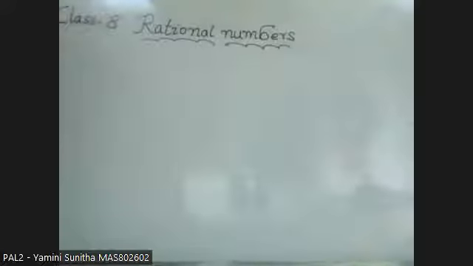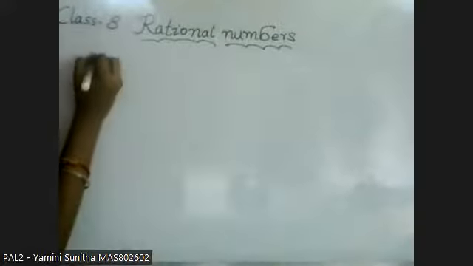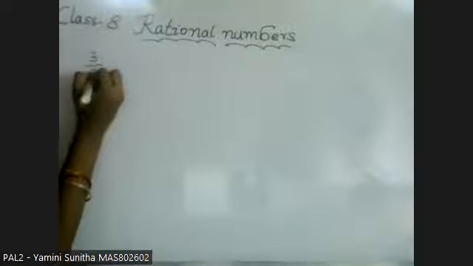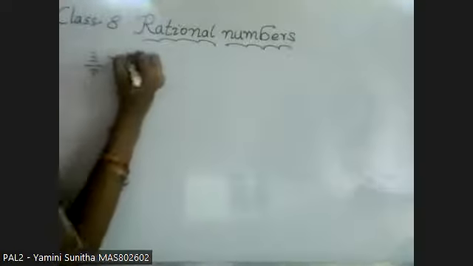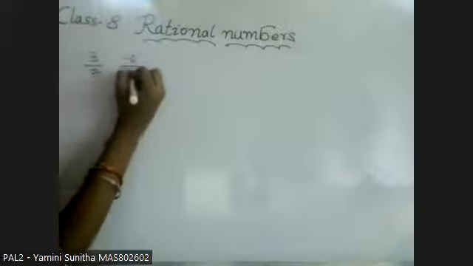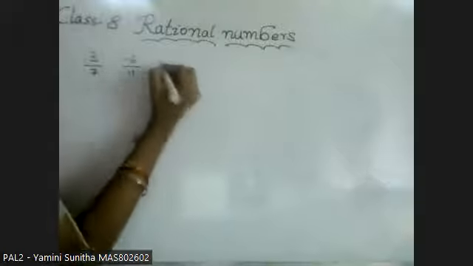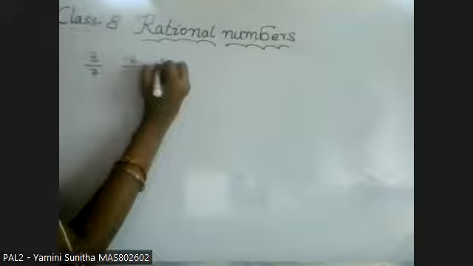Now the example which we are going to consider is 3 by 7, minus 6 by 11, and let us take 5 by 22.